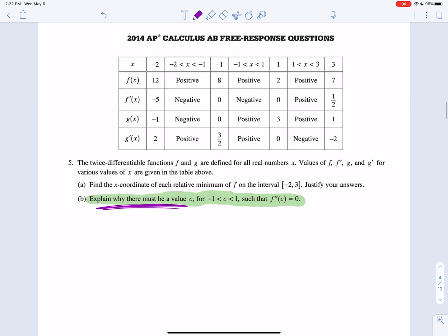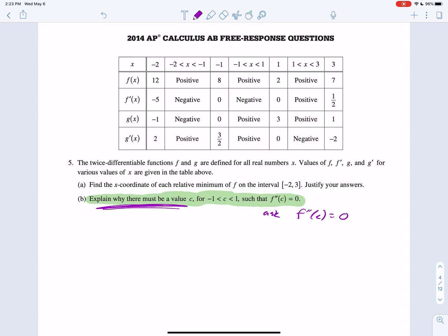Okay, so what we're going to do here now is we're going to identify if it's IVT or MVT. Okay, and then we'll actually work out the problems at the very end. So here we go. Now here, they're asking for F double prime of C equals 0.